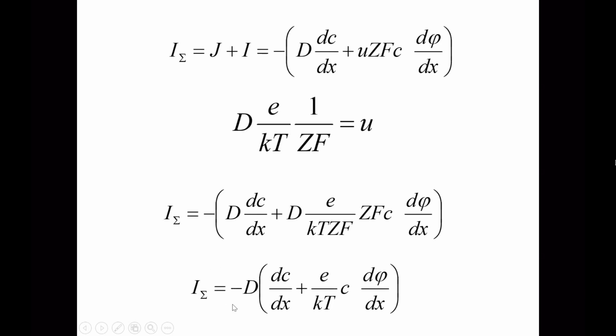Now the total flow is directly proportional to the diffusion coefficient. And here we have the electrical potential gradient, and this is the concentration gradient. And there are constants: the single electrical charge, K the constant, T the temperature, and this is the concentration.